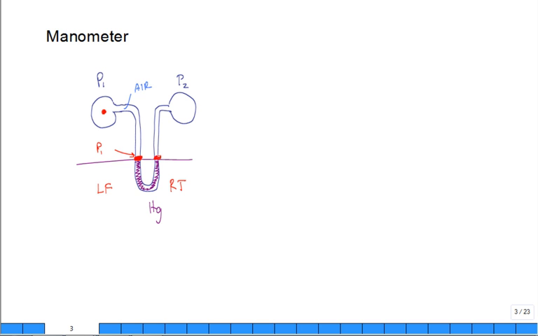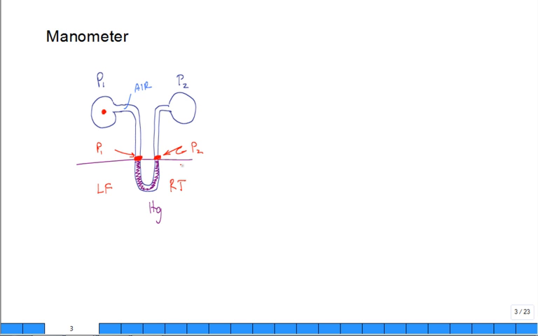And then the pressure at the top surface of the mercury in the manometer on the right side is the pressure P2. So if it's level, what can I conclude about the difference between P1 and P2? They're the same. There is no difference.